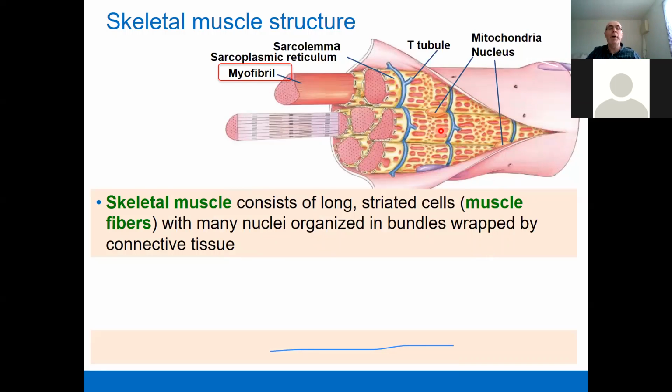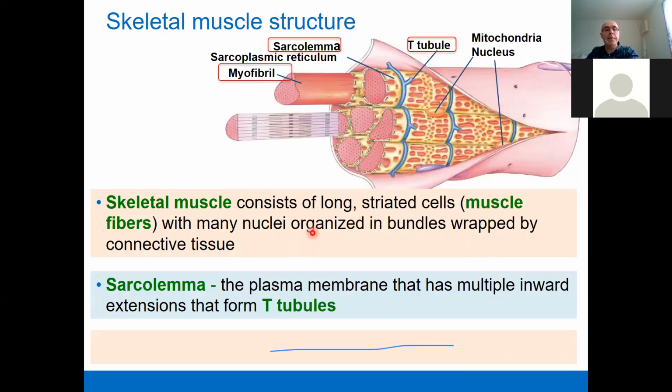The bundle of the myofibrils, and these are striated cells, as you see in the appearance of the skeletal muscles.